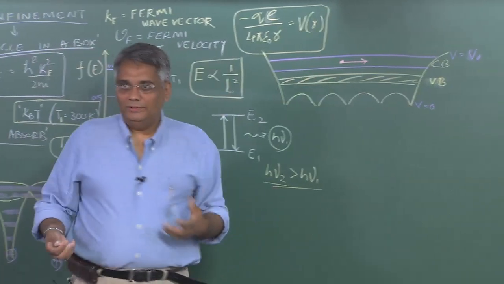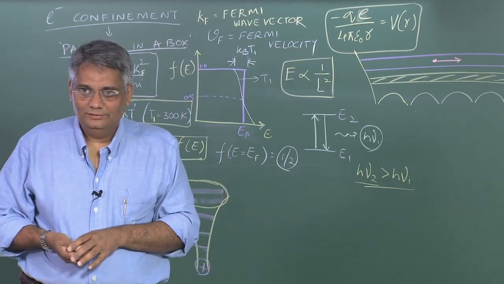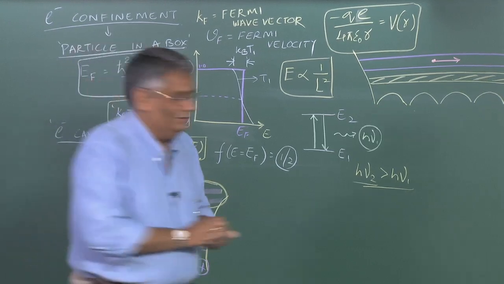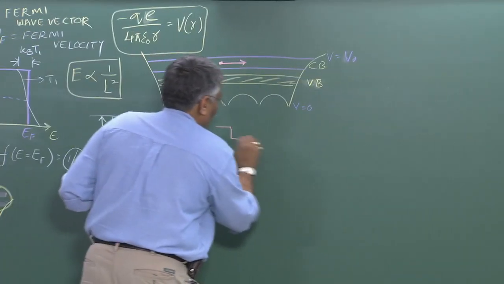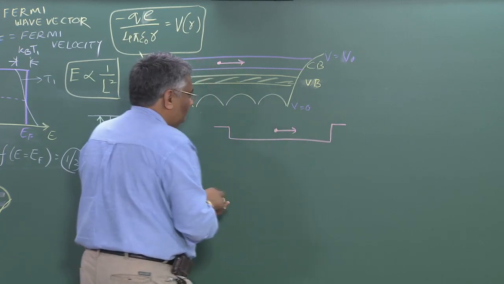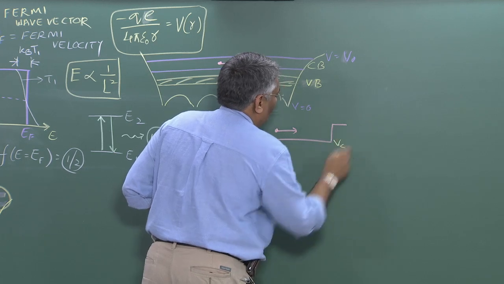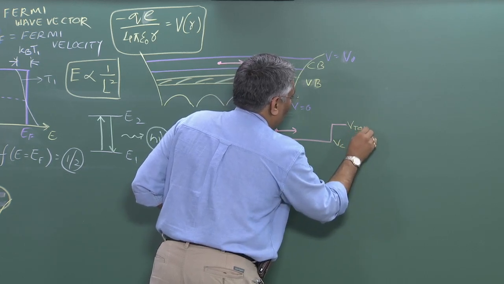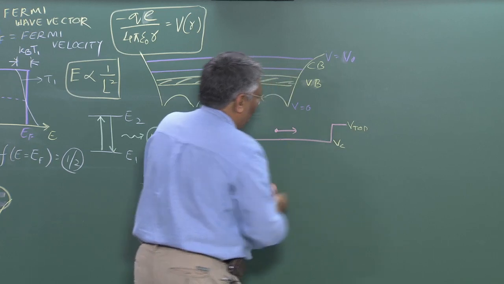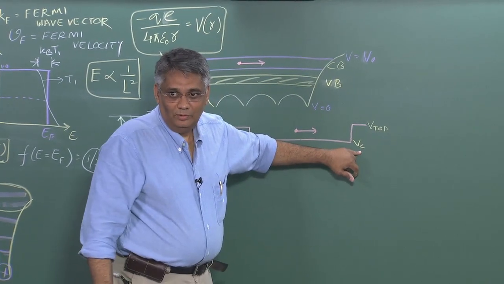But is it confined by anything, or is it just free to leave the solid? No, it is not free to leave the solid. There is what is called V conduction, V top. Okay, the top of the conduction band, the bottom edge.